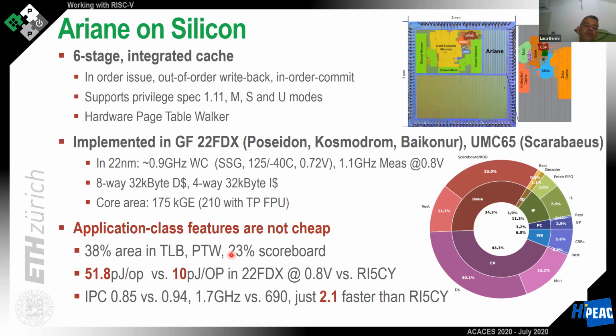And in fact, if you take a numerical view in terms of your energy, you see that the cost for running a stream of RISC-V instructions on an application processor, at nominal condition, which is 0.8 volt in the same technology, the 22 FDX technology, there is a factor of 5 in cost in terms of energy per instruction.